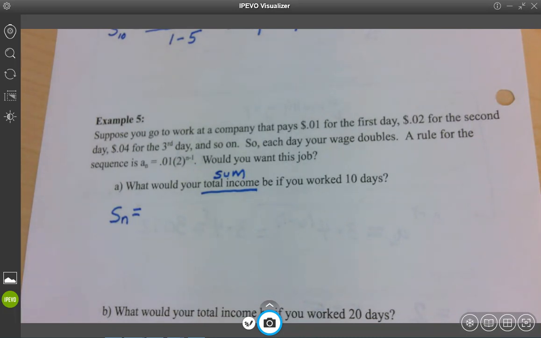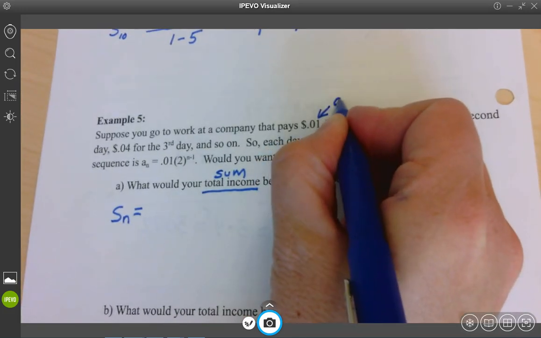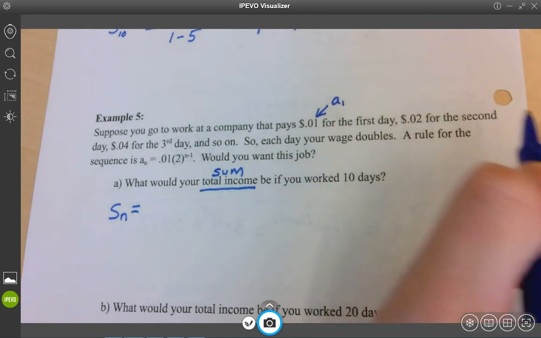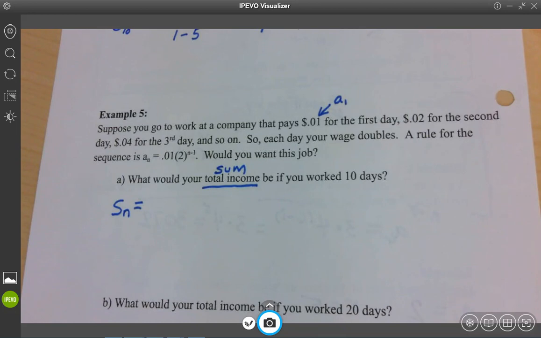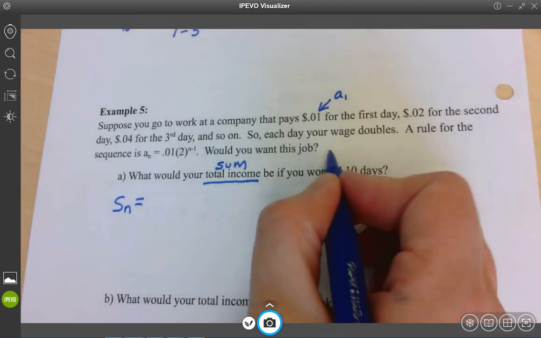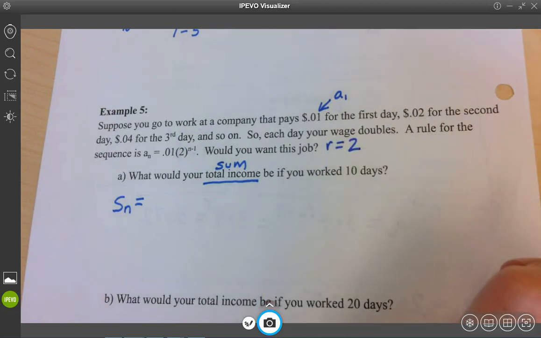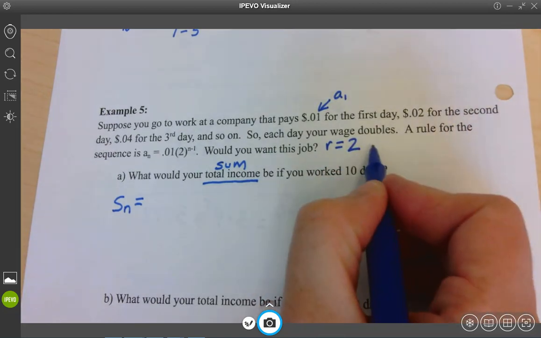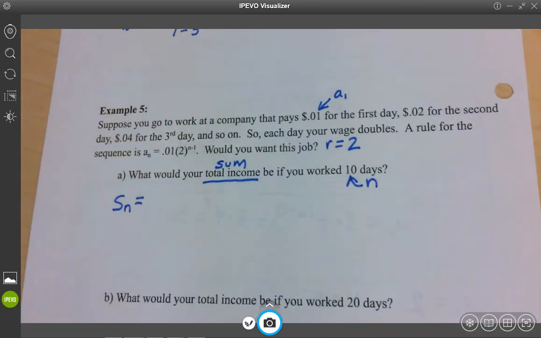What was a sub 1? Yeah, 1 cent is a sub 1. That's your first day. And since your wage is doubling, how much is your R? R is 2, and then N should be 10.